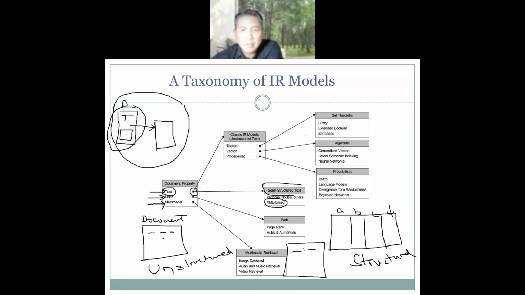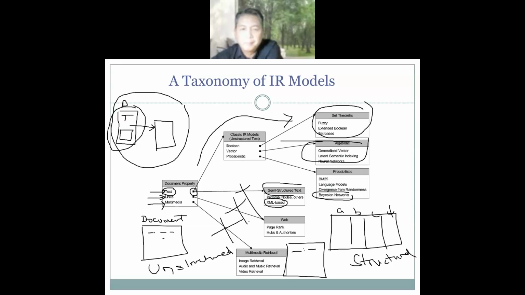So the first model that we're going to look at is the Boolean, then the second one we will look into the generalized vector, and then the last one we look into the Bayesian network. Okay. So our direction for this course is going this way. So we will not go into here, here, and here. Okay. So we're only dealing with text documents.